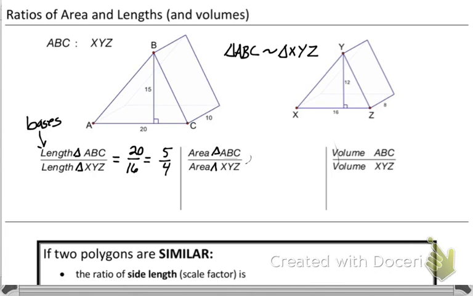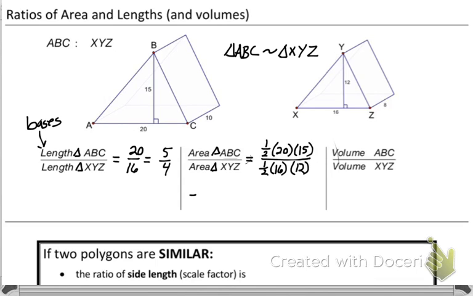So triangle ABC and XYZ. Well, the area of triangle ABC is going to be half our base, which is 20, times our height, which is 15. And the area of XYZ is going to be half its base, which is 16, times its height, which is 12.